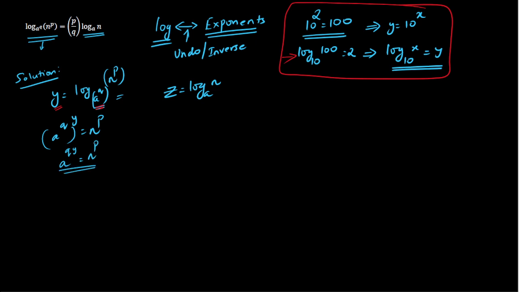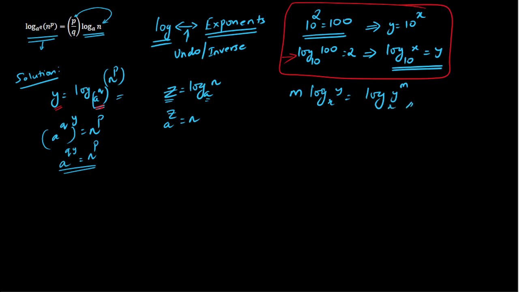Let's get to the right-hand side. a to the power z will give you the n. Let's raise it to power p, because this p on the right-hand side of the formula can essentially be brought here as a power, right? That's one of the basic formulas for logarithm: m log y to the base x is actually log y power m to the base x.